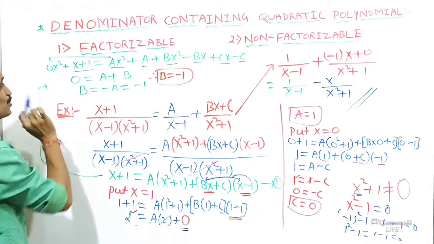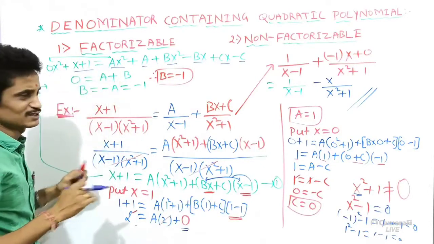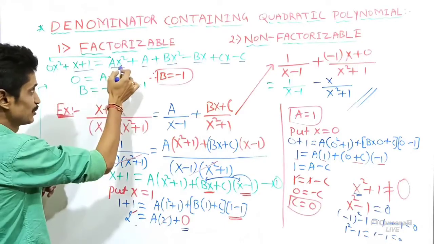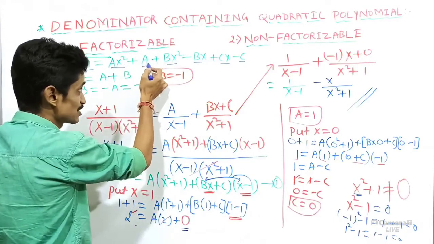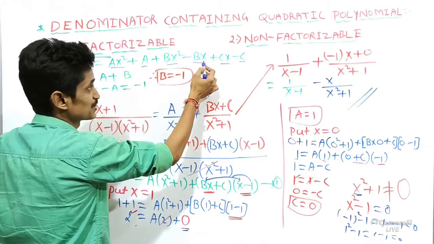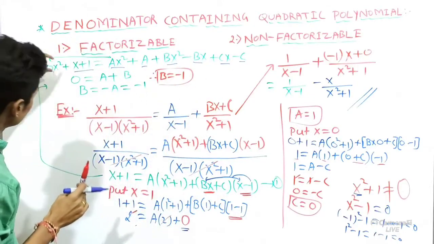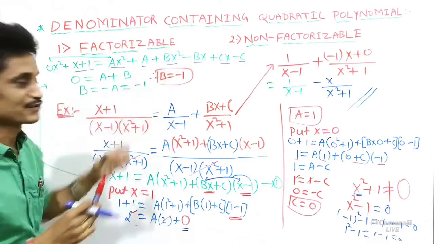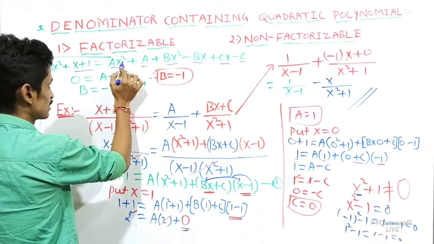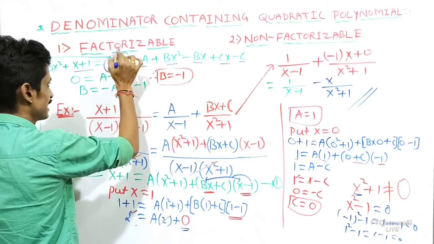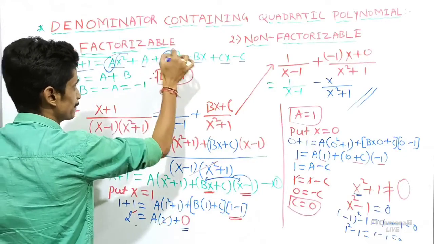Now I wish to compare the coefficients. Any coefficient you can take, either x square, or the constant x power 0, or just x. Any one you can take. In this form, I chose the x square coefficient. What is the x square coefficient on the RHS part? a, and on this side b.